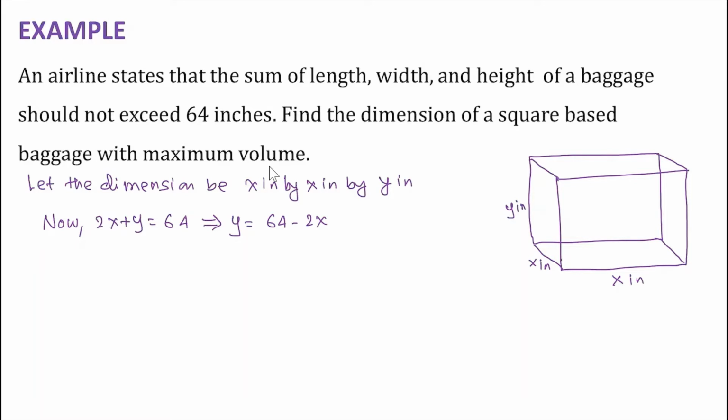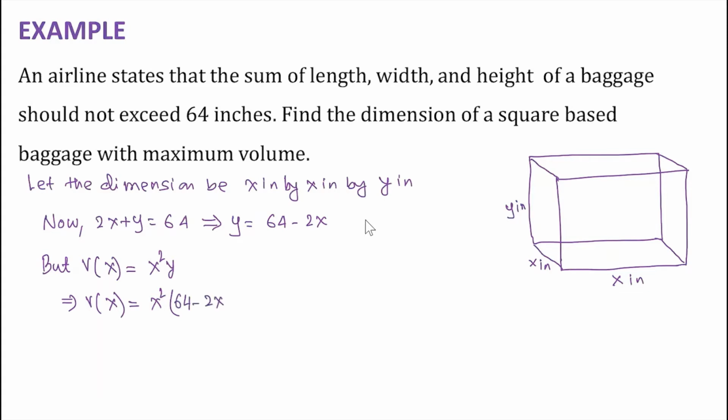The formula for volume, written in terms of x, is length multiplied by width multiplied by height. So x times x, x squared, multiplied by y, which is x squared y. Or the volume is equal to x squared multiplied by the value of y, 64 minus 2x.